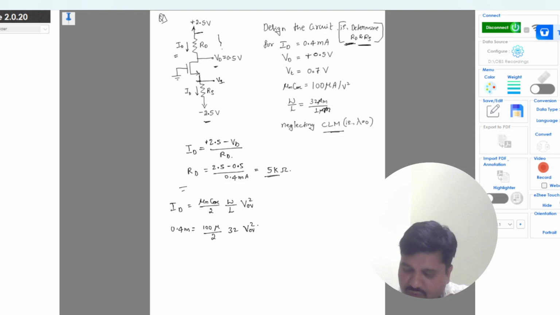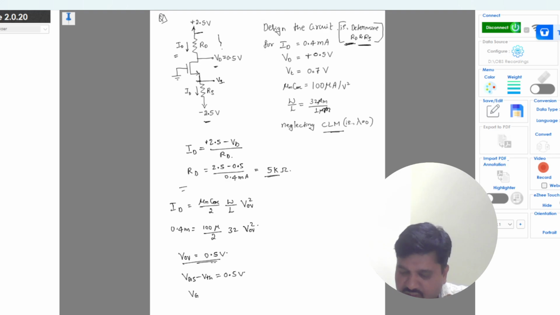So we will find the value of VOV. On solving this, we get it as 0.5 volts. Using this, VOV is nothing but VGS minus VTH, which is equal to 0.5 volts.